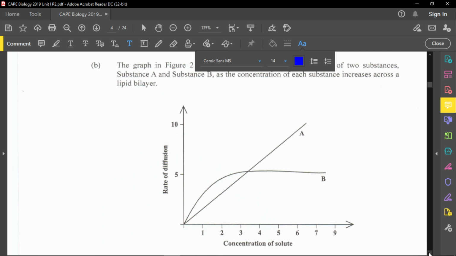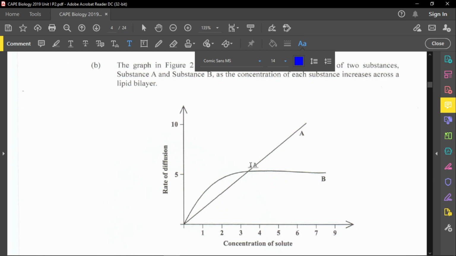You have the rate of diffusion, which means the rate at which molecules move across the plasma membrane, or the lipid bilayer. The concentration of solute is increasing along the x-axis.